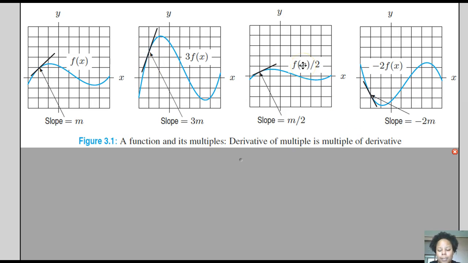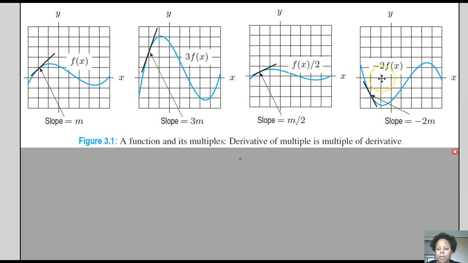Or if I compress the function vertically by a factor of 1/2, that will make the slope of the tangent line at that point half of the slope at the previous point.